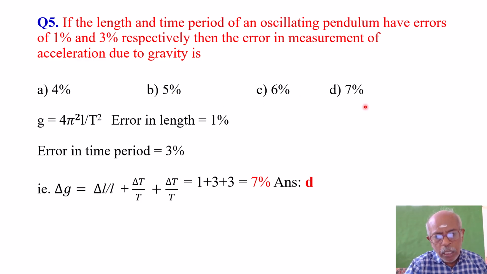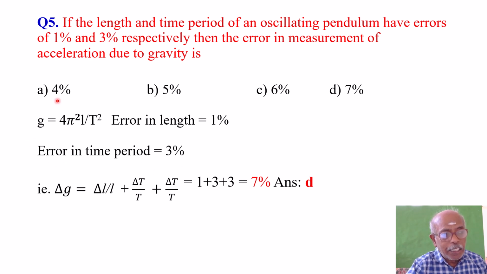You know the expression for the acceleration due to gravity: g is equal to 4 pi square L divided by T square. Here, error in length is 1% and error in time period is 3%.